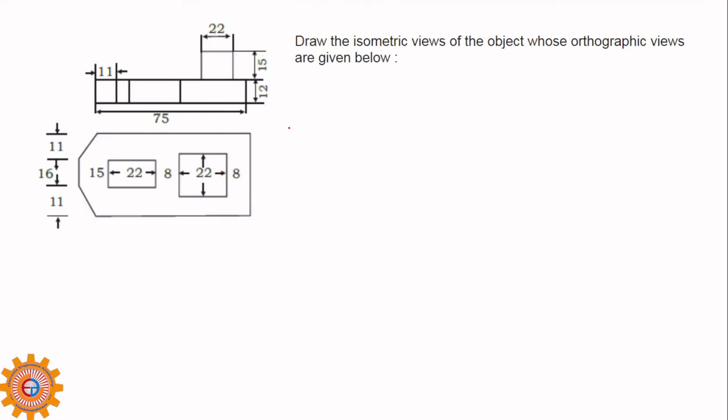You have to take some care while drawing this thing. So you should not put, as I explained in the previous case, full front view. Here you have to take the top view as a priority. Okay, so this top view will sit on this one.